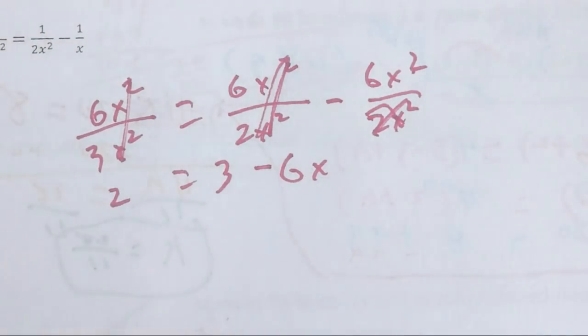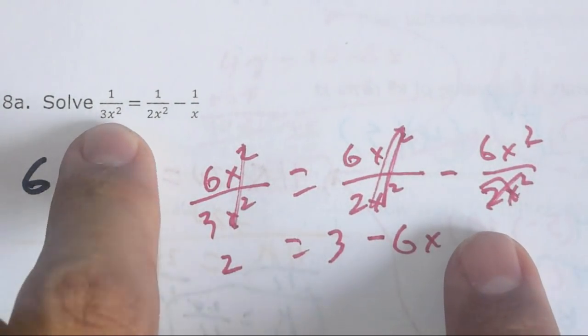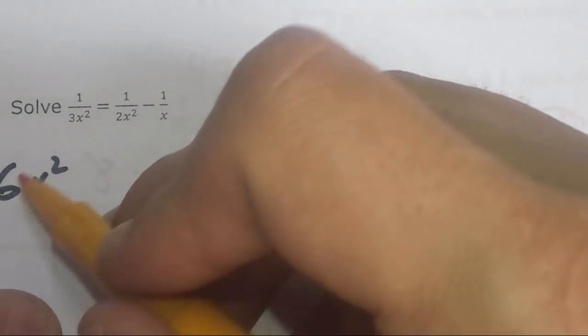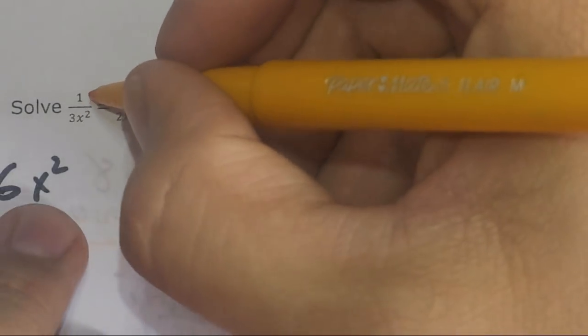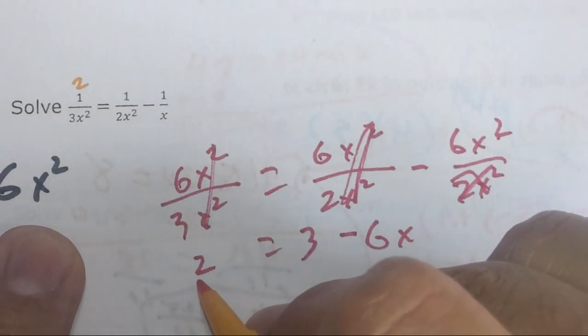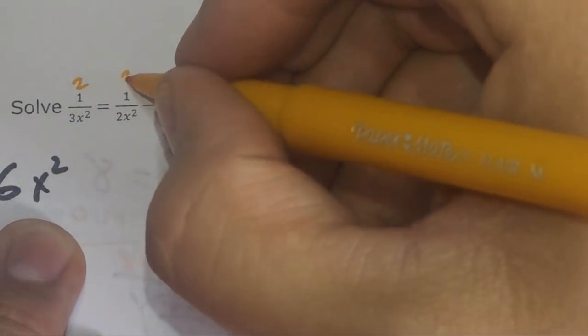An easier way to see that is that's the math. You could also see this as, what do I need to multiply 3x squared by to get 6x squared? I need to multiply this by 2. Well, 1 times 2 is 2. There's this 2. 2x squared to 6x squared, I need to multiply by 3.